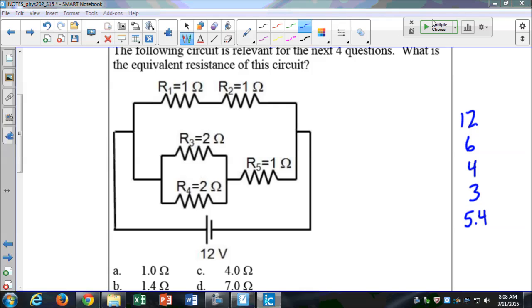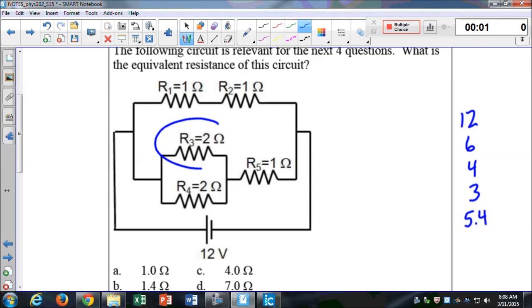These are your options. What is the voltage across this resistor? I'm sorry, I'll go through all of these in just a second.